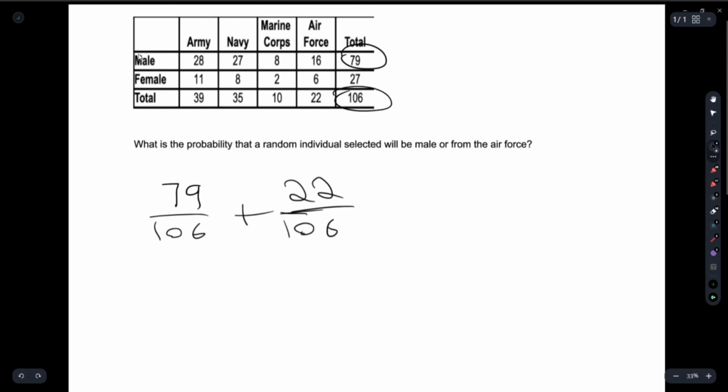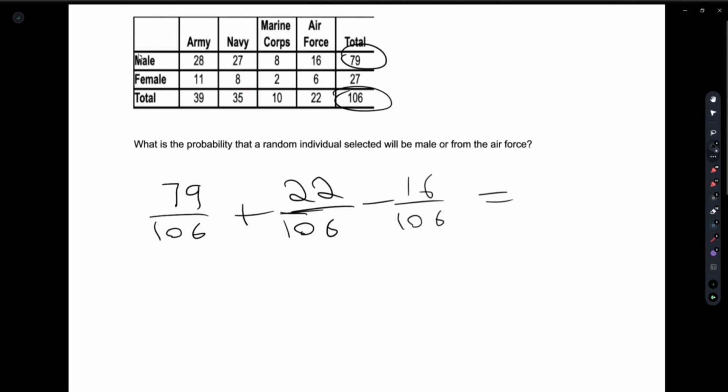The reason it's out of 106 is because they ask if a random individual is selected at random, so we use the whole total. Then minus the intersection. So the intersection is a male from the Air Force. So there's 16, so we subtract 16. Then we can use a calculator.